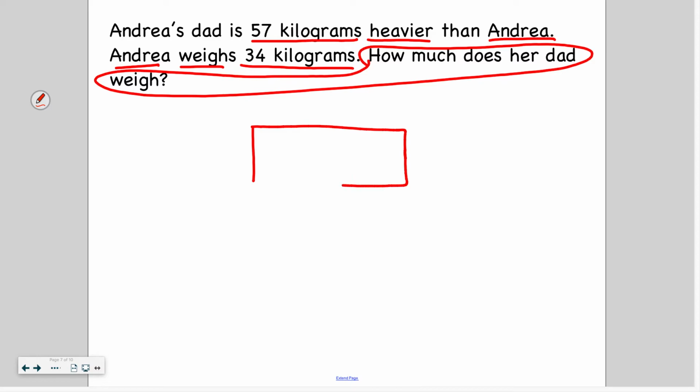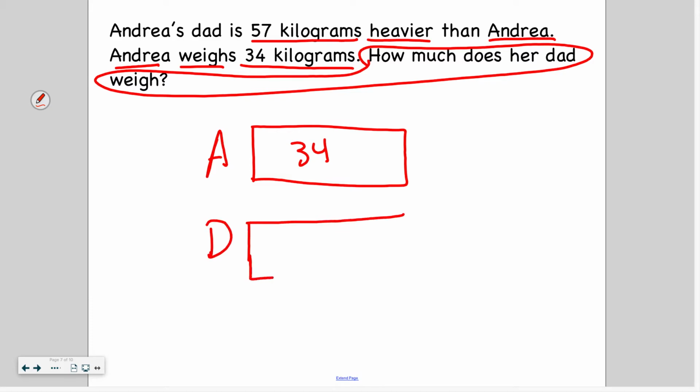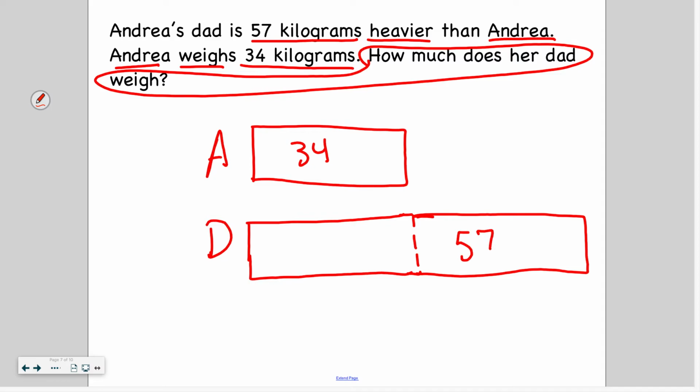Andrea weighs 34 kilograms. Dad weighs that much, and 57 kilograms more, heavier. So her weight plus another 57 kilograms.